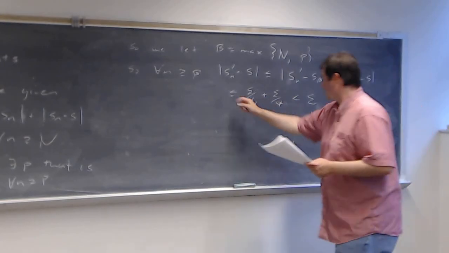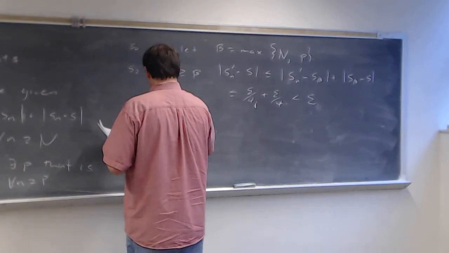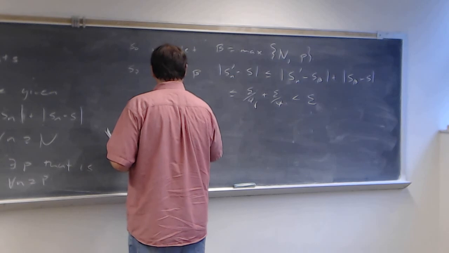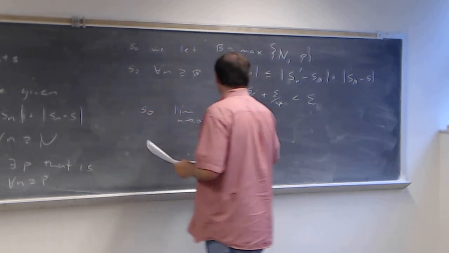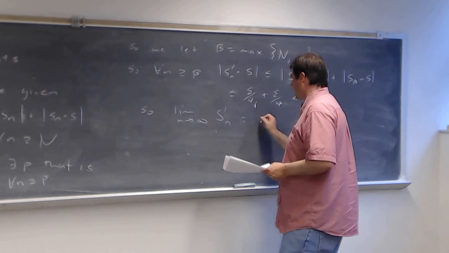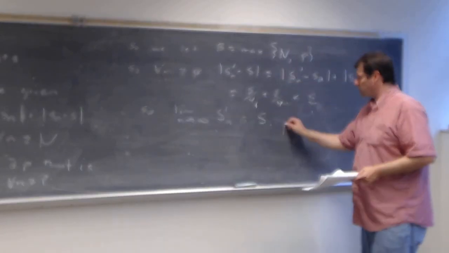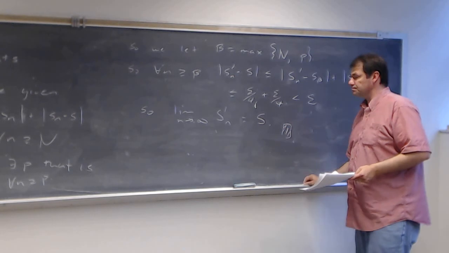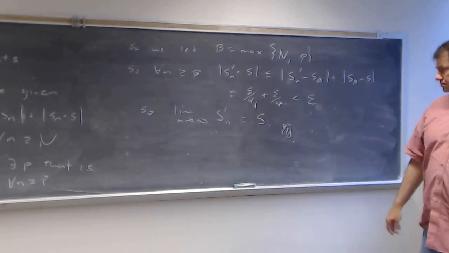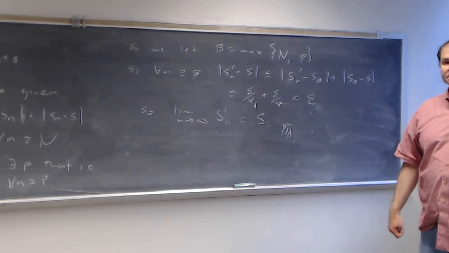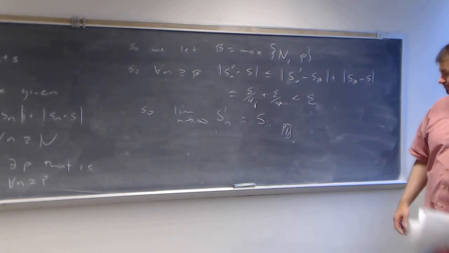And so that says that the limit as n goes to infinity of S prime sub n will be equal to s. And that's what we wanted to show. That ends the work that I wanted to do for series. Now we're going to move on to chapter 7.